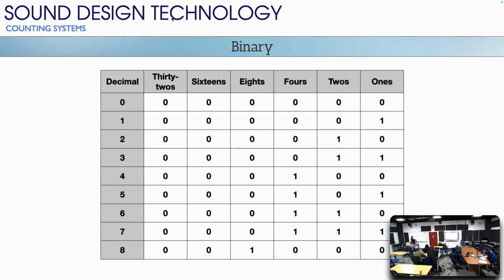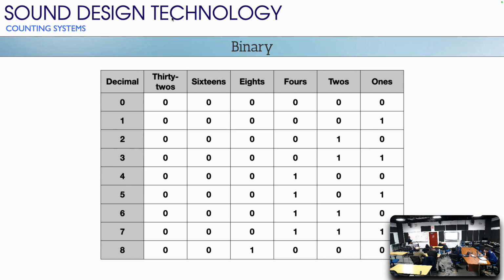Somewhere in here you lost me. I'm going to be so honest. Okay, let's do it. So this is 16. This is 32. This is 64, and this is 128.